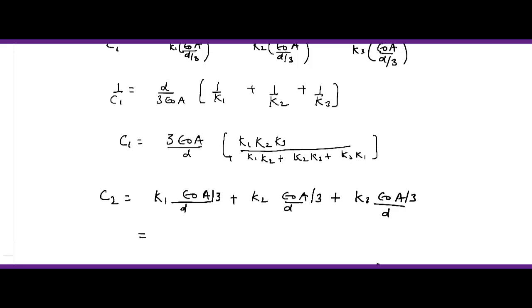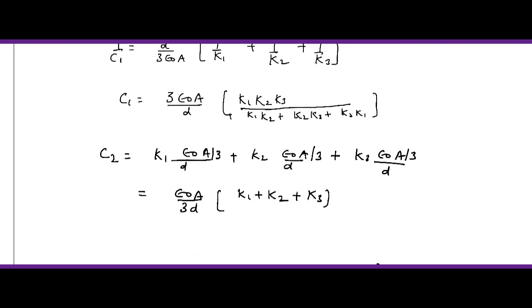So this will be equal to epsilon naught A by 3D, which can be taken out as common. Then this will be equal to K1 plus K2 plus K3.